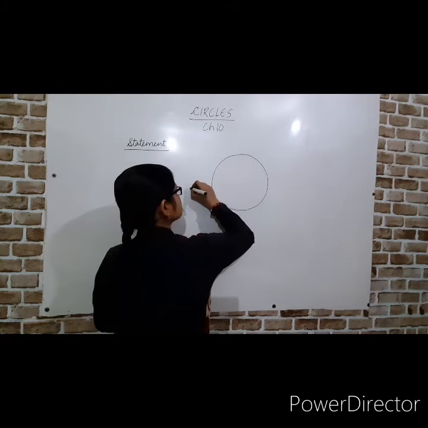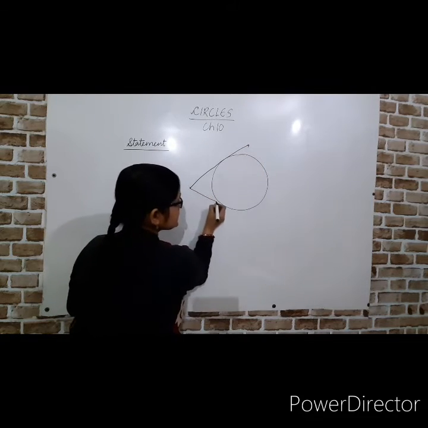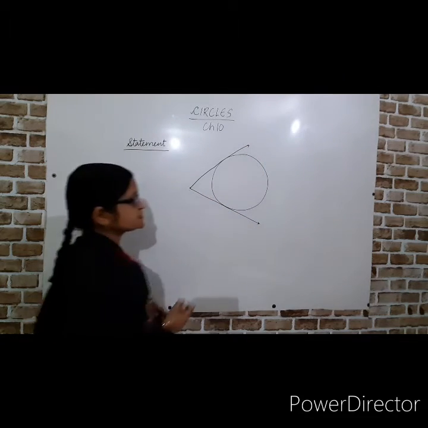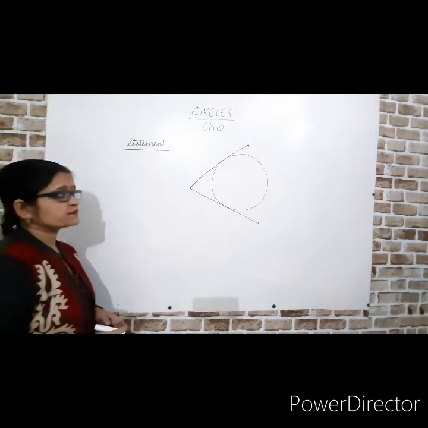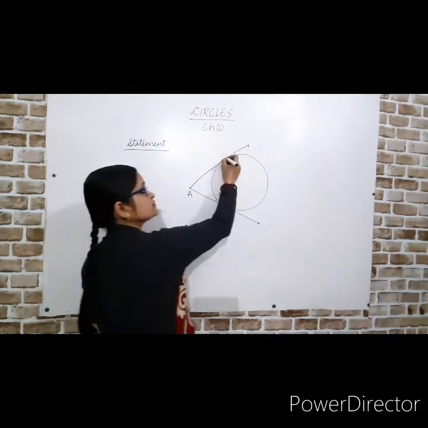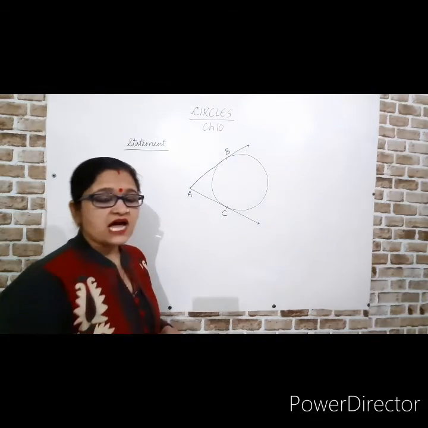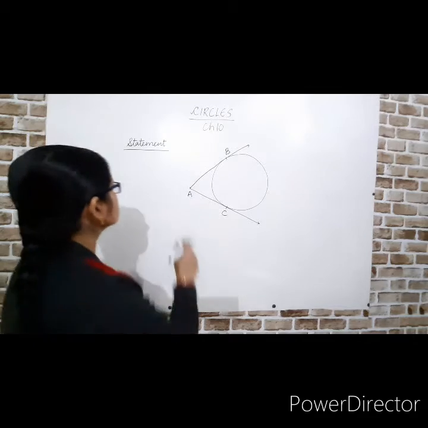From an external point, two tangents can be drawn on the circle. We have to prove that tangents drawn from an external point to the circle are always equal.